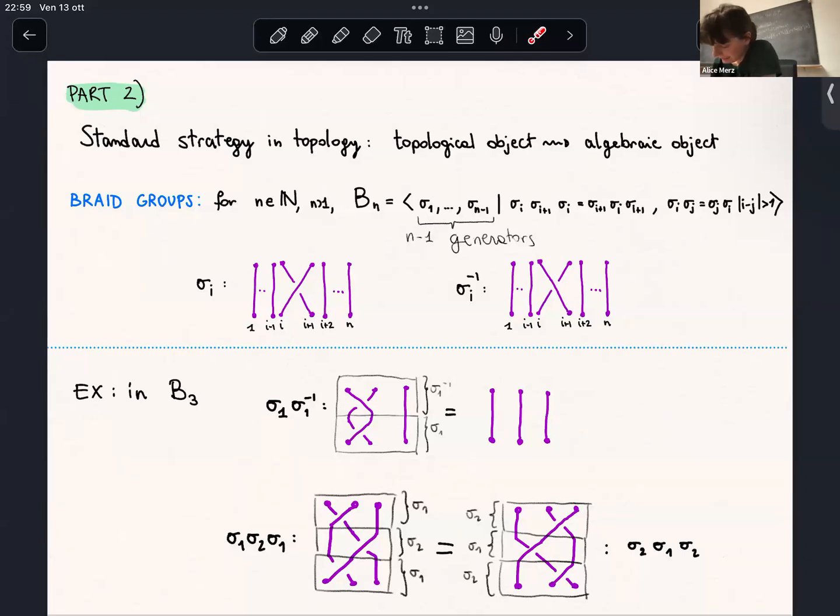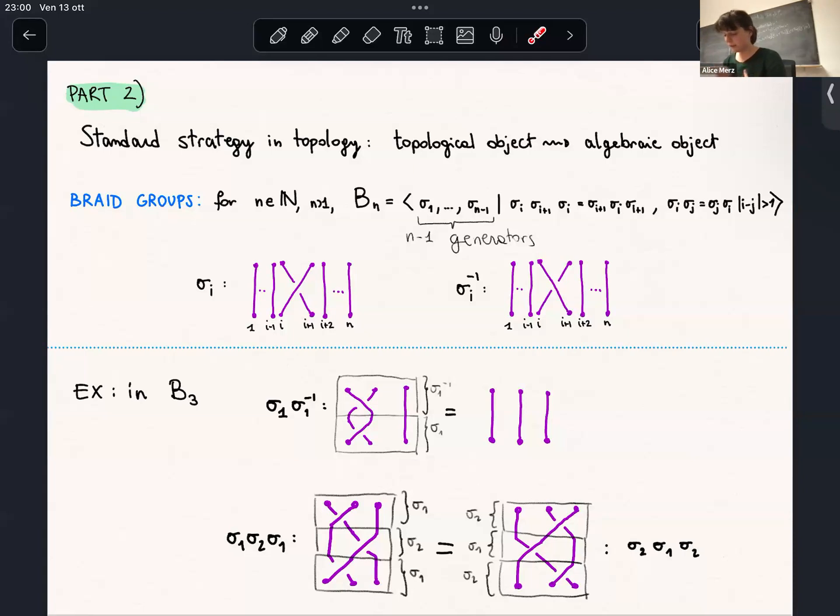So sigma i can be identified with a set of n strands like this, where just the i-th and (i+1)-th strands make a crossing inside the square, the plane times [0,1]. And the inverse of sigma i is just the same, but the crossing is reversed. So this one is passing over, and this one is the understrand.